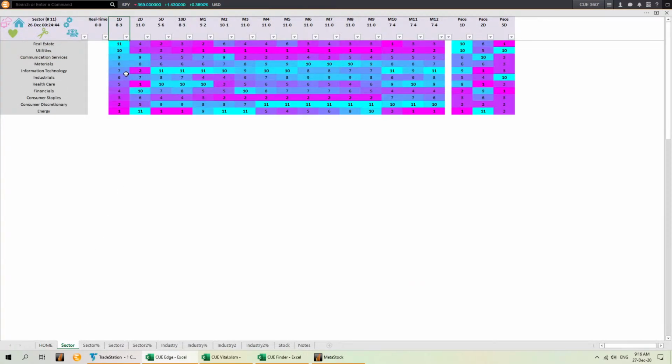If I look at 1 day period, utilities is the second strongest sector, real estate is the strongest sector, and the pace column is showing that there is a tie between these two sectors in terms of acceleration. So every time I see utilities is trying to go up, like in this week, or rather the last trading day, both this week and last trading day.